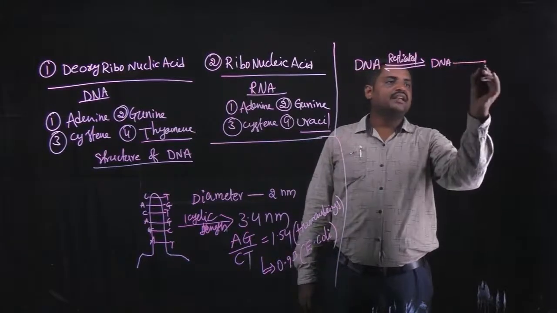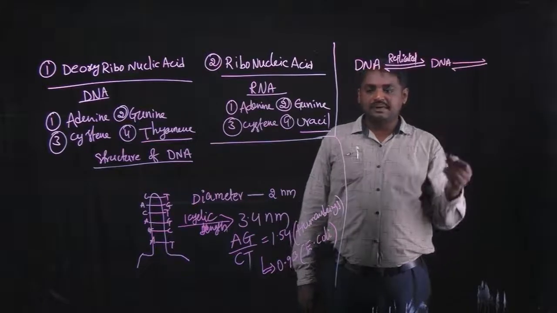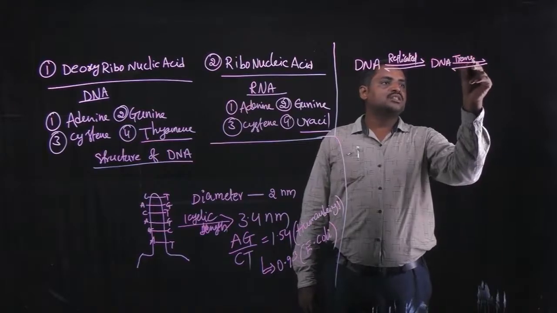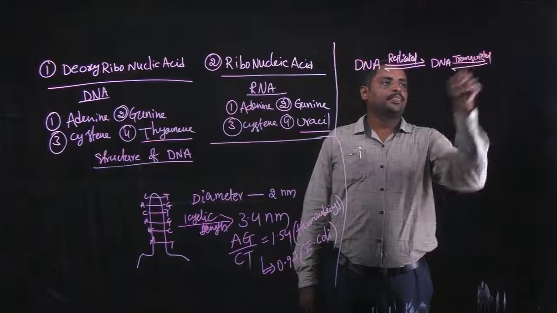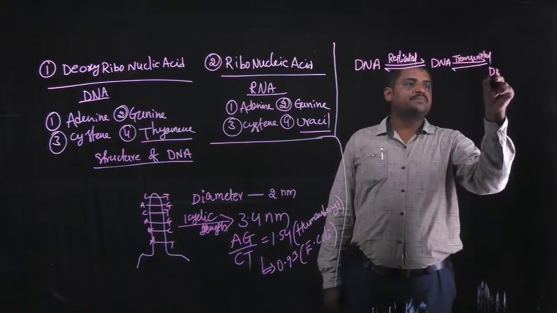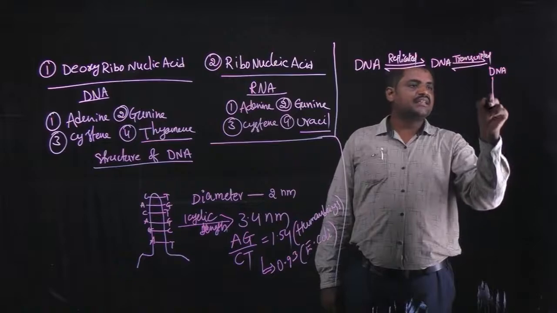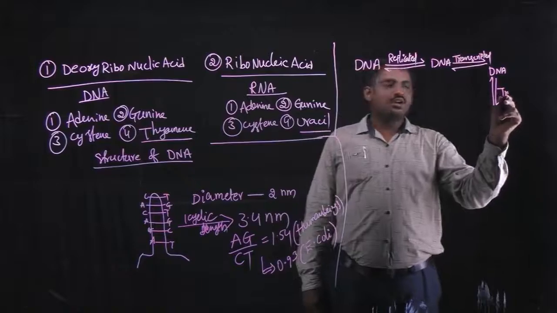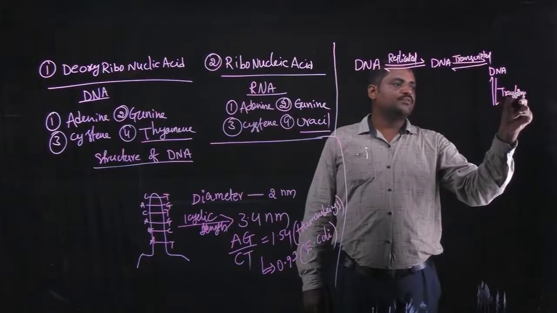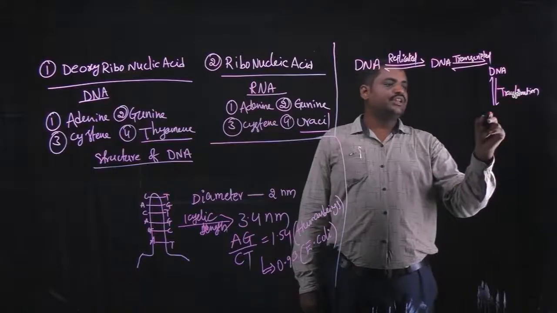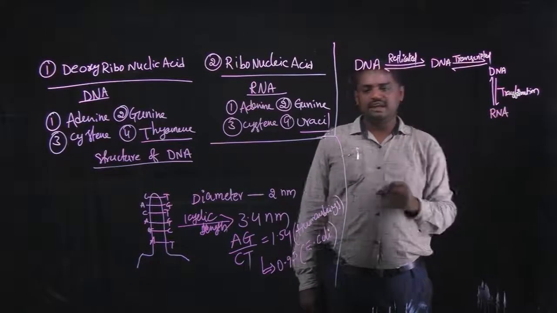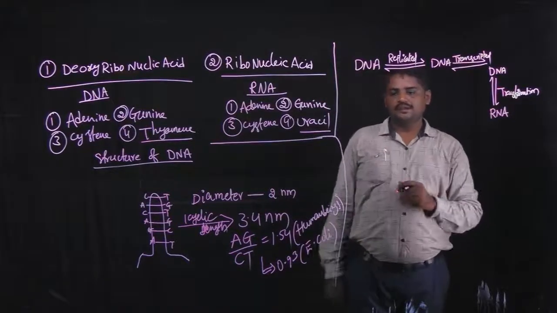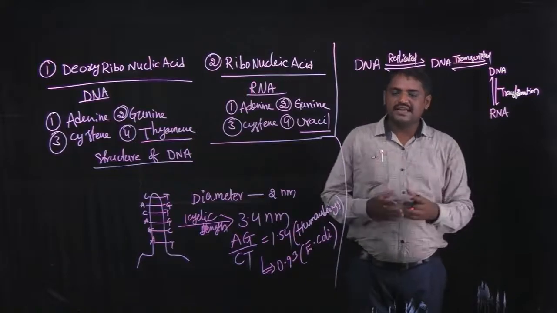It is then transcribed to produce transcribed DNA, and after transcription it is converted by translation. So it is completely converted to RNA. This is the changing process from DNA to RNA. And next, the ribonucleic acid.